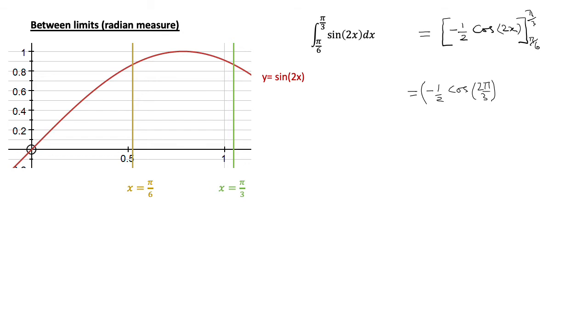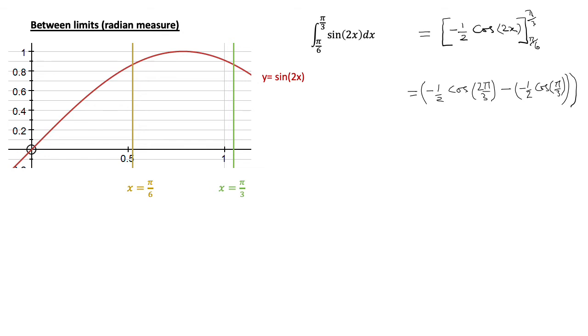So therefore, if I put my upper limit in, which is the pi by 3, I'll get minus 1/2 cos of 2 times pi by 3, which I've written as 2 pi by 3. Doesn't quite matter how you write that. Minus my lower limit, which is minus bracket minus 1/2 cos 2 times pi by 6 is pi by 3.